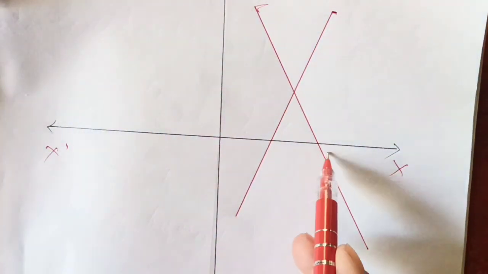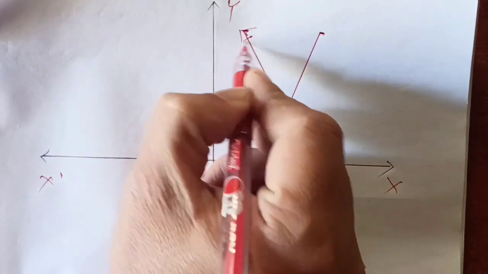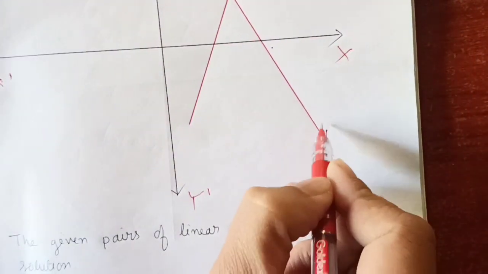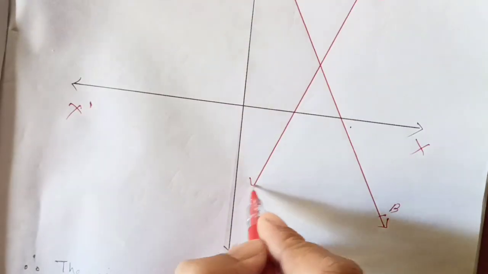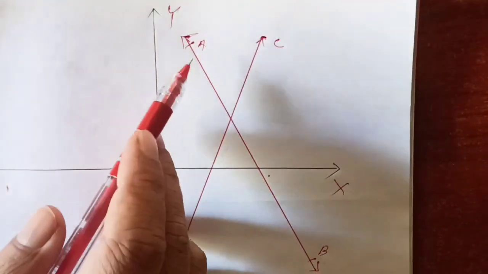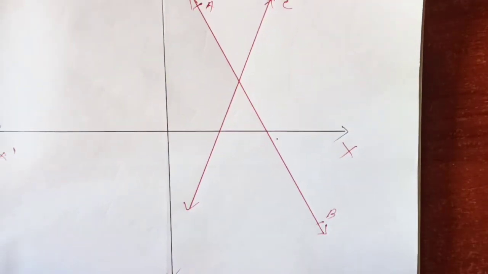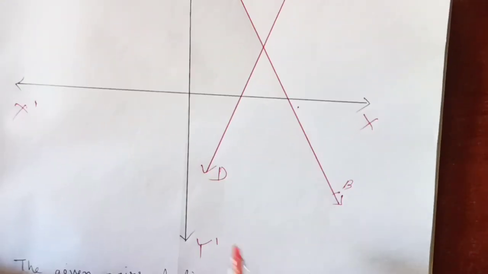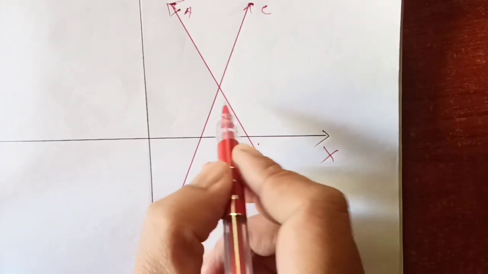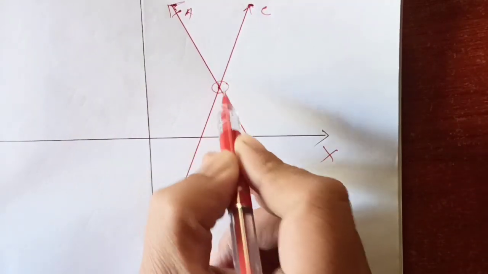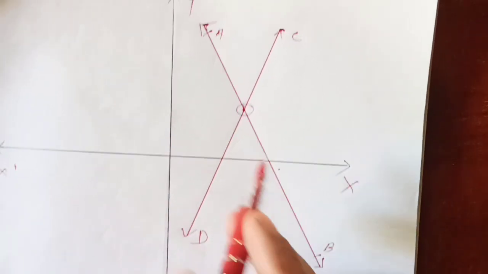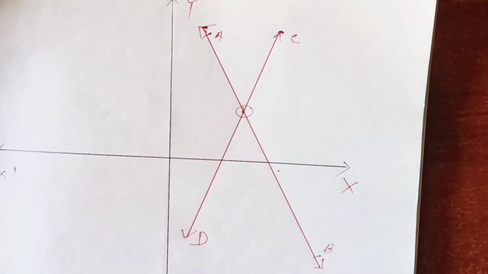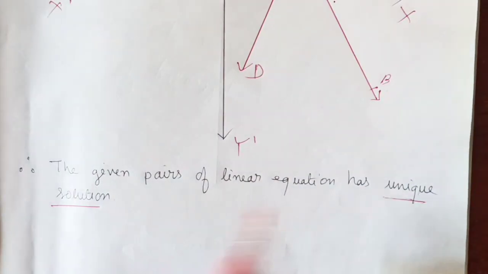So these two lines, let us name, this is A, this is B, then C, then D. So AB line and this CD line, they intersect at one point, in this point. So such type of graph, we call it unique solution. If two lines intersect at one point, such type of graph we call it unique solution.